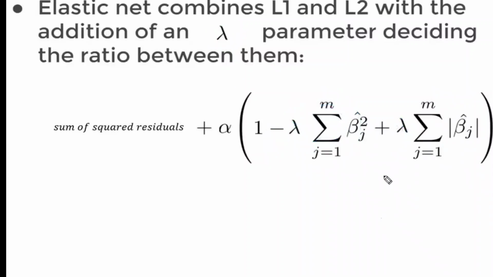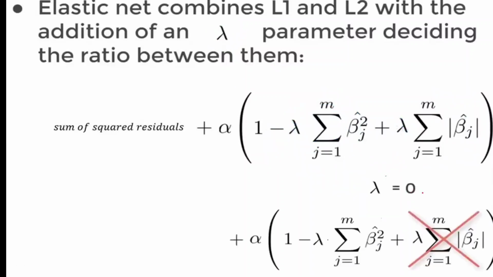Whenever lambda is equal to 0, this becomes 1 minus 0, that is 1, so 1 into ridge regression, whatever ridge regression you are having, and lasso becomes 0. When lambda is equal to 0, lasso is 0.